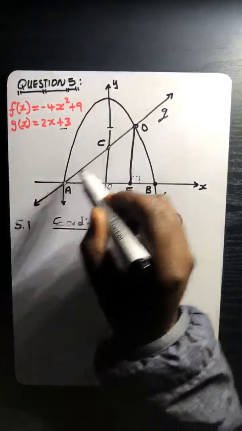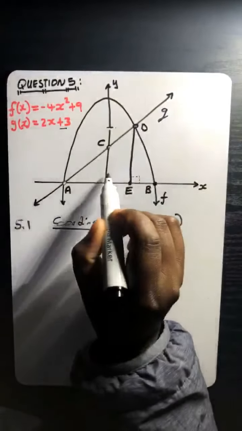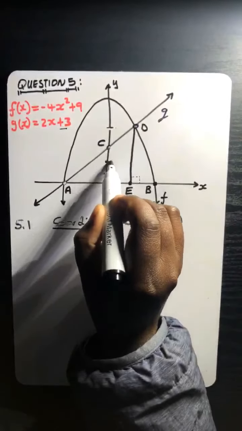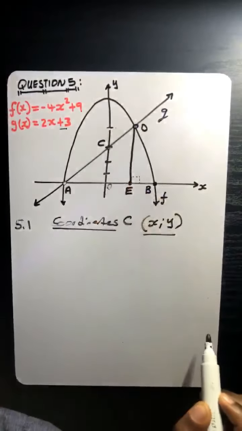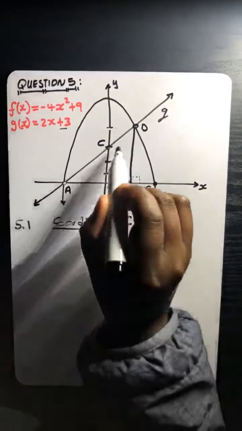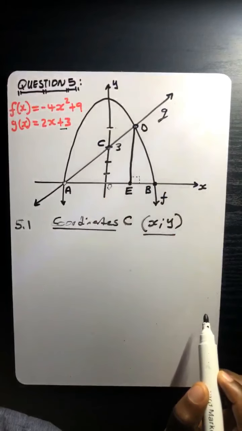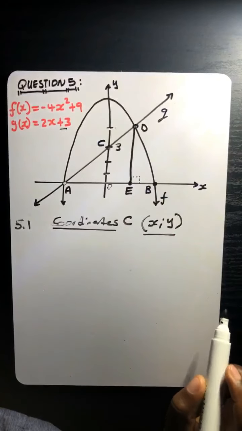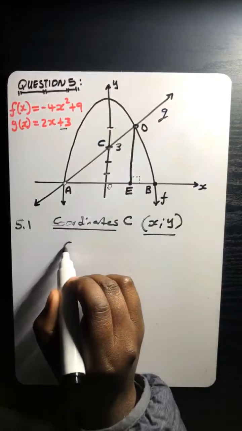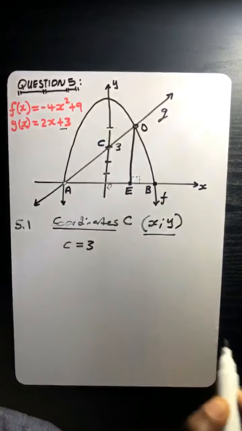So that means the function shifted by 3 units. So at point C, we actually have 3 over there.